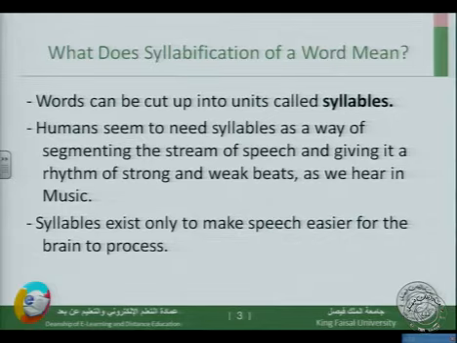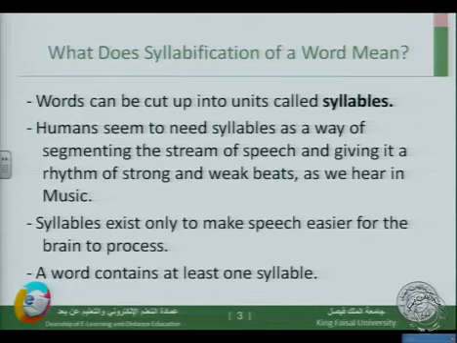So what I want you to understand is syllables. In English, we can divide words into syllables to pronounce them correctly, and the syllable system, or syllabification, makes it easier for the brain to process speech. So syllabification makes our speech easier for the brain to process.